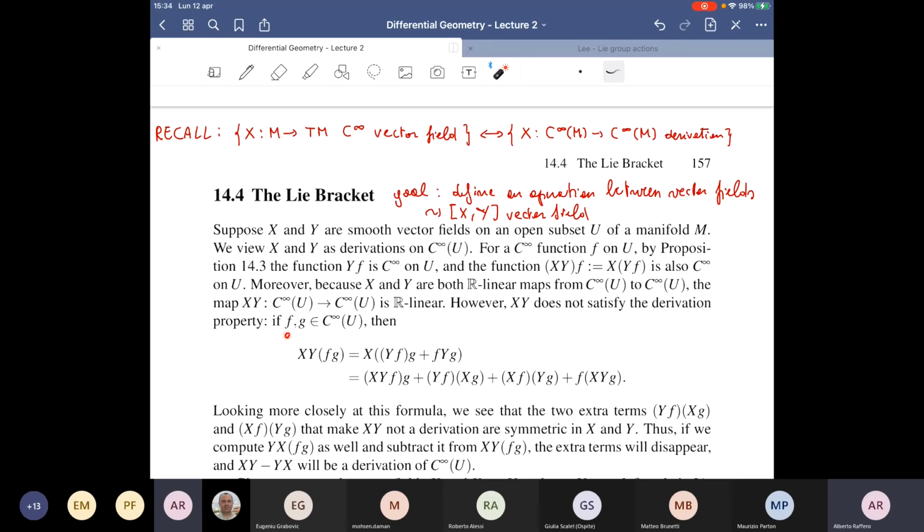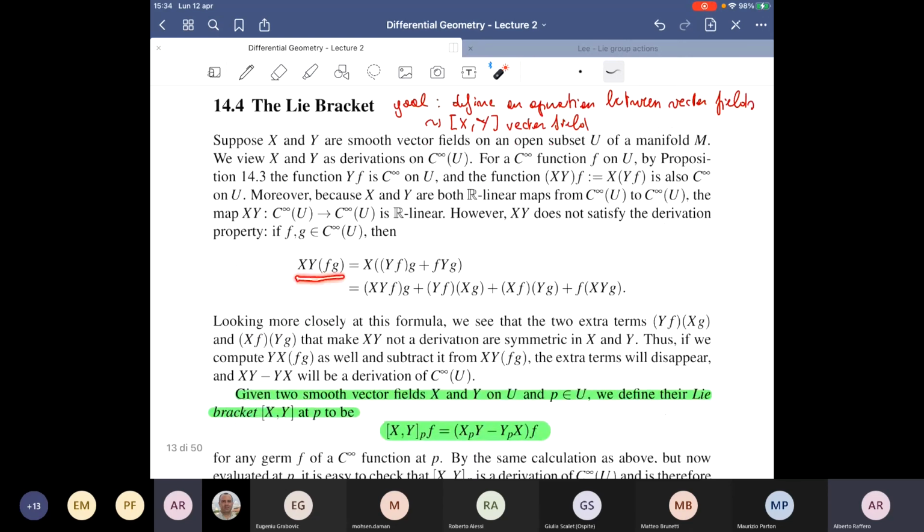In particular, if you take any pair of smooth functions f and g defined on the open set U and apply this new map XY, first you apply Y, and since Y is a derivation, you get the derivative of f with respect to Y multiplied by g, plus f multiplied by the derivative of g with respect to Y.